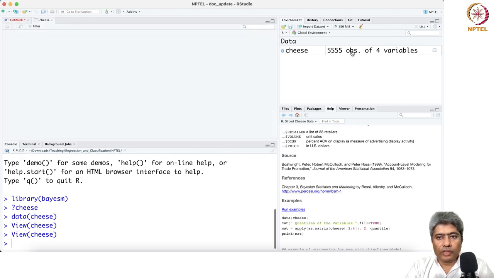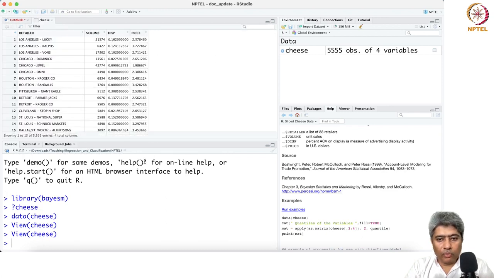Then along with that, the volume, or the unit sales, the number of volume sales that happened in that week. This display activity is some marketing activity, measured on a scale of 0 to 1, and the price per unit in US dollars is given.